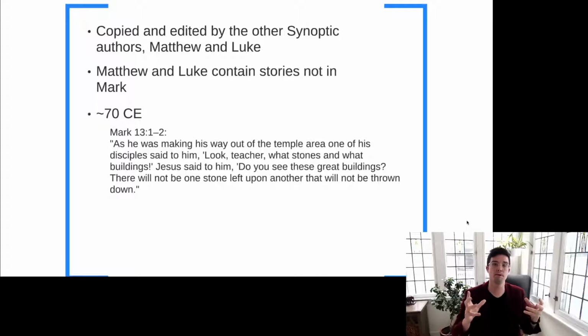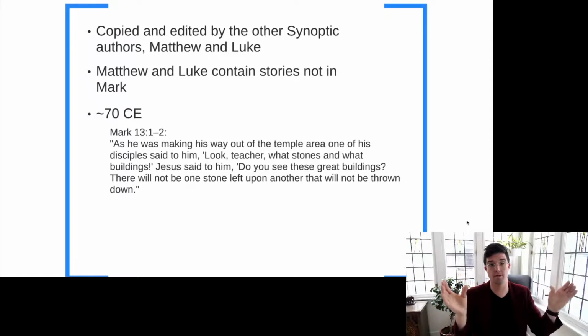But the important point to know at this point is that Mark is the basis for the Gospels of Matthew and Luke. Matthew and Luke are utilizing Mark's written material in the creation of their own Gospels. And Matthew and Luke are also going to contain material that is not in the Gospel of Mark.